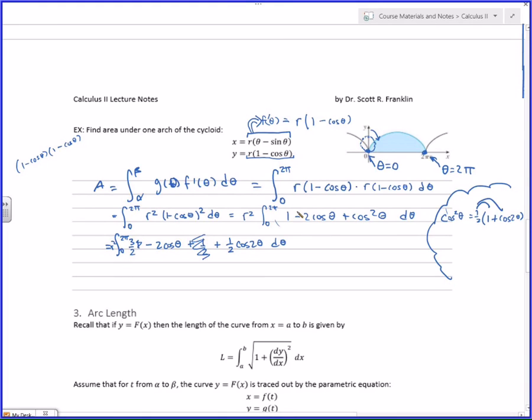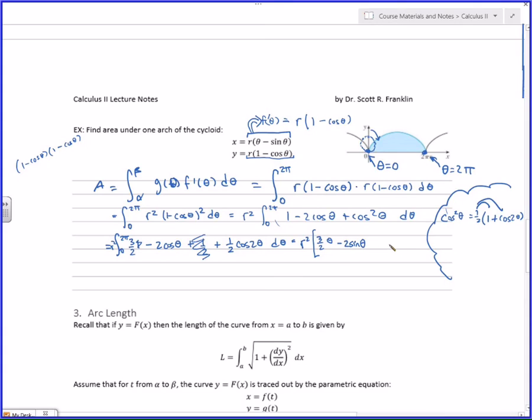Okay, so I've got an r squared times 3/2 times theta. The integral of 3/2 is 3/2 theta. Integral of cosine is sine, so negative 2 sine theta.